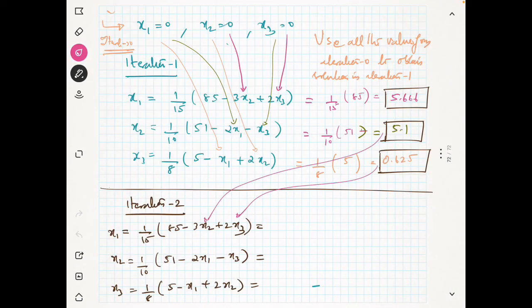So this becomes 1 by 15 into 85 minus 3 into x2, which is 5.1, plus 2 into x3, which is 0.625.